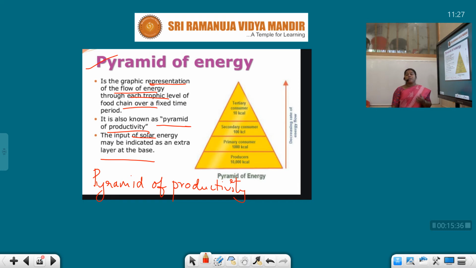In this reaction, plants utilize carbon dioxide and water and convert these into glucose or carbohydrate. To initiate this photosynthetic reaction, our primary producers must require energy. That energy is supplied by the sun. Okay.